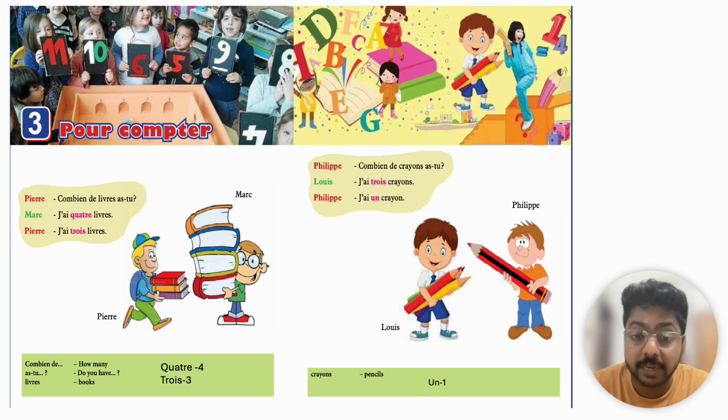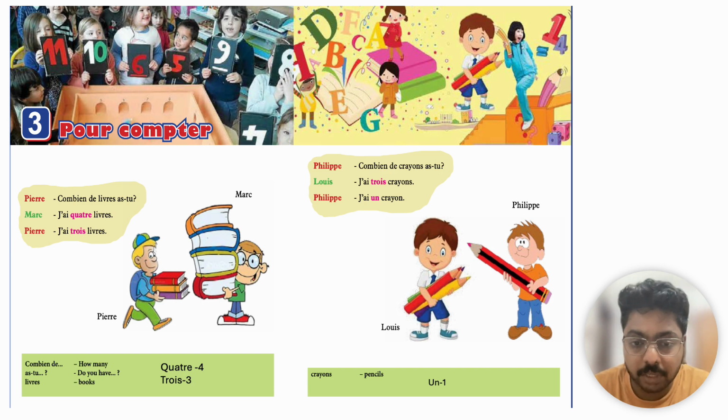Crayon means pencils. As-tu, we have discussed already, do you have? Louis replies, j'ai 3 crayons. J'ai means I have. I have 3 pencils. J'ai 1 crayon. Un means 1. I have 1 pencil.